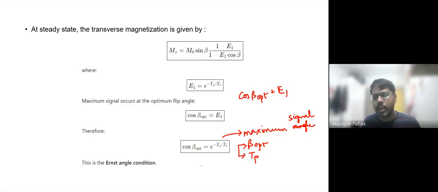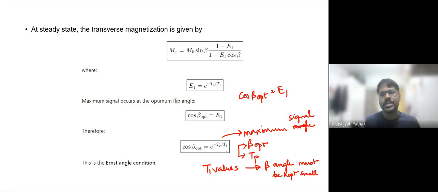And for nuclei which have large T1 values, you have to keep the beta angle small. Only if you keep the beta angle small can the transverse magnetization be fully captured before you apply the next RF pulse.